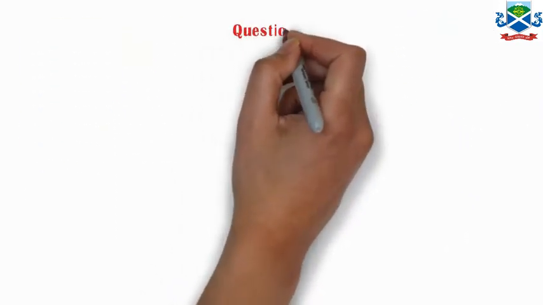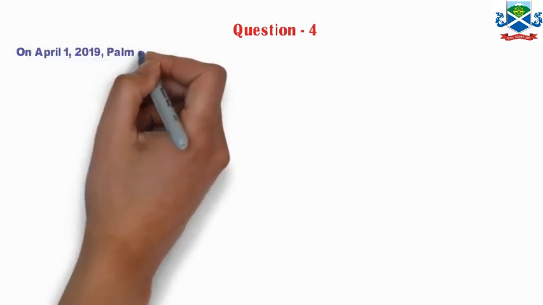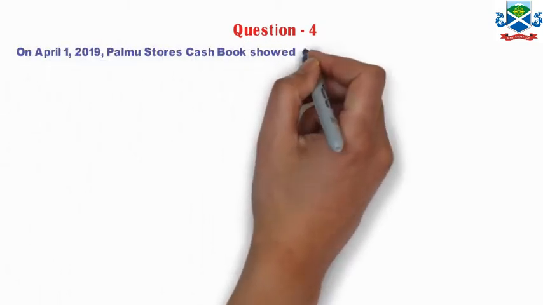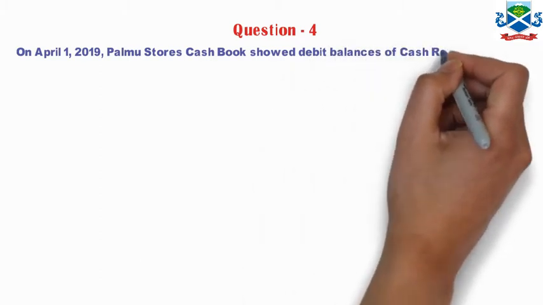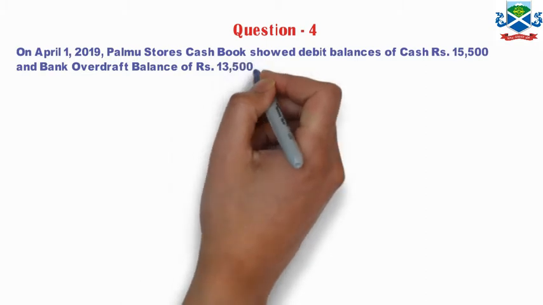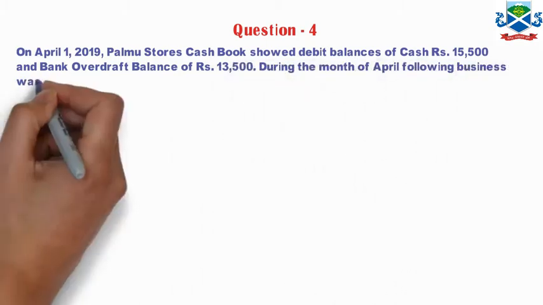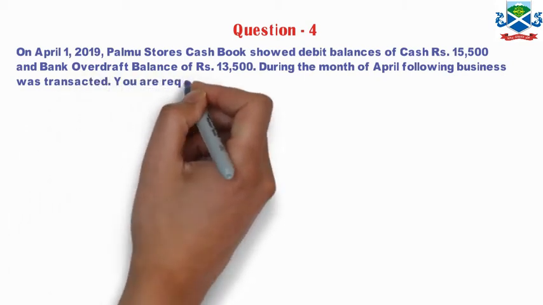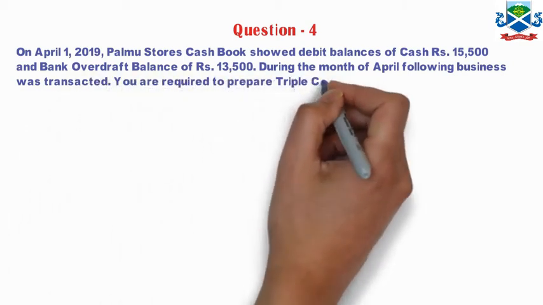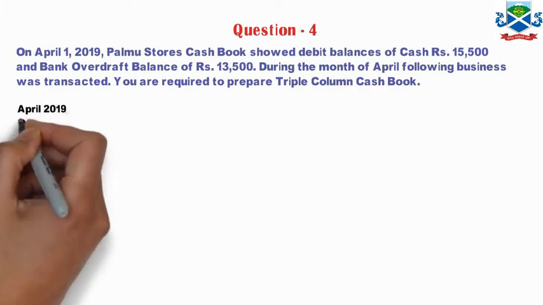So we'll take here the question for the triple column cash book. On April 1st 2019, Palmo Store's cash book shows a debit balance of 15,500 and a bank overdraft of 13,500. During the month of April the following business transactions occurred, and you are required to prepare a three column cash book.